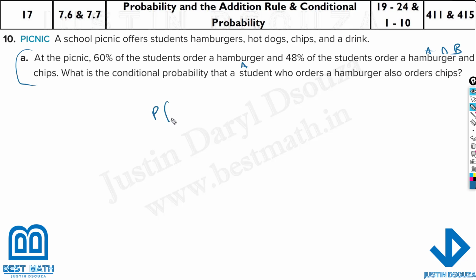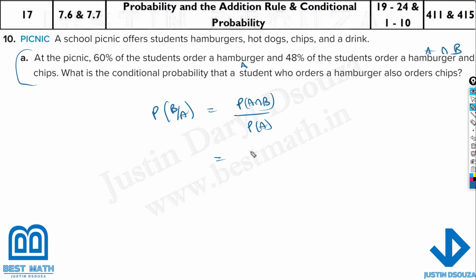So let me write probability of B condition A will be equal to probability of A and B divided by probability of A. What is the conditional probability that the student who orders hamburger also orders chips? So here we have the percentages, right?